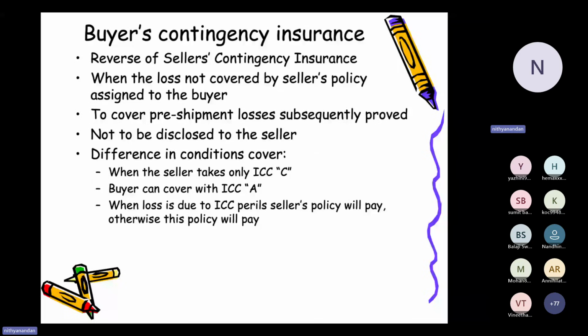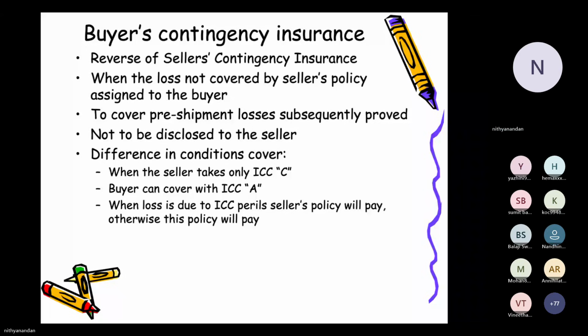Again, buyer's contingency. This is somewhat difficult to understand. It is an FOB sale. The seller has taken the policy up to the port. The buyer has taken a policy for the balance of the journey.